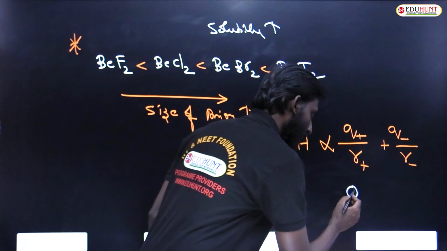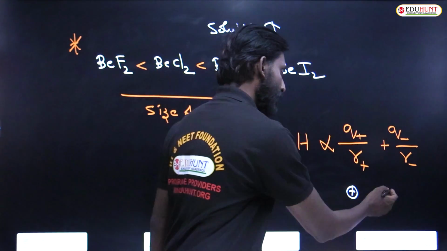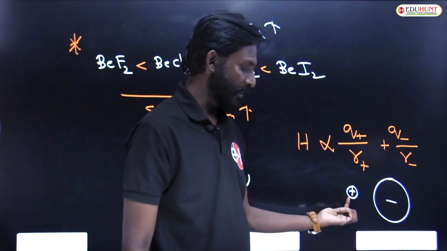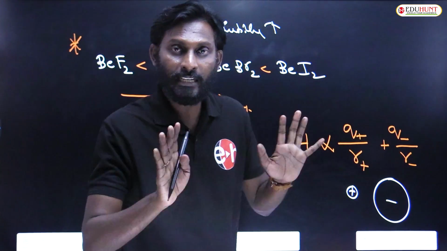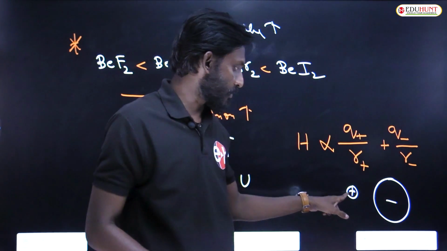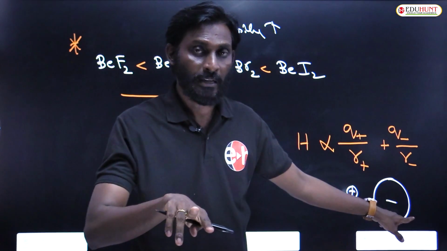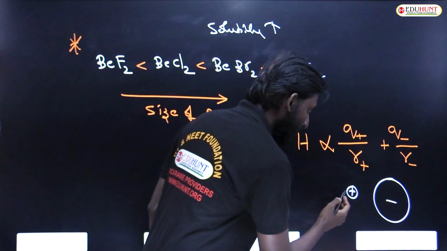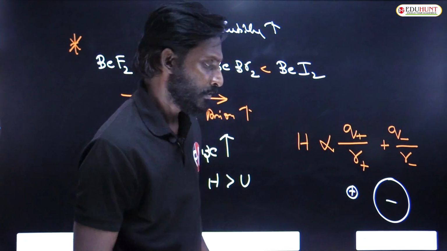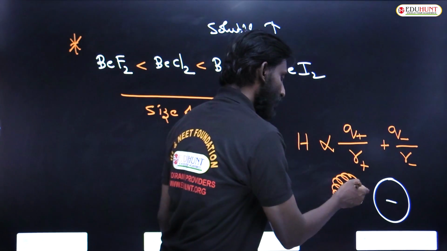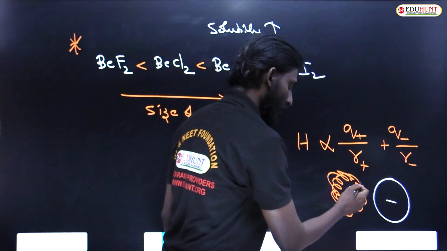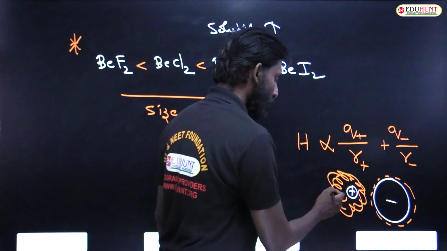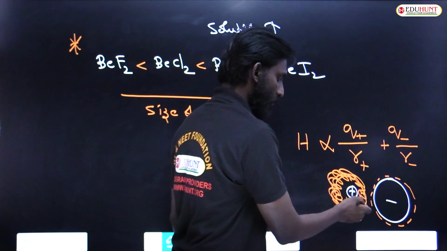Let us say this is the cation size and this is the anion size. The charge density is more, because the same 1 unit positive charge is present in the small cation. So more water molecules surround it compared to the other one, which has a lesser number of water molecules.